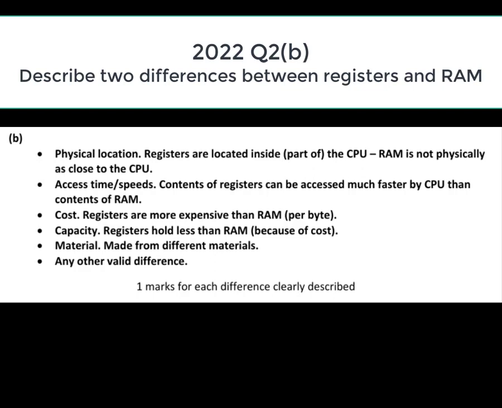Registers hold just tiny amounts, literally bits. And then secondary storage like hard drives and disks, you're talking gigabytes, terabytes, and all that jazz. Material, they're made from different materials. You don't have to go into what materials, but I suppose you could argue. It says any other valid difference.